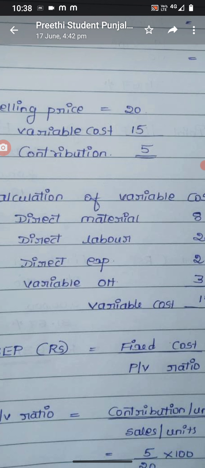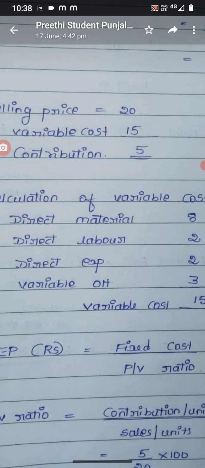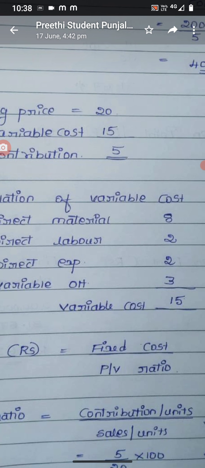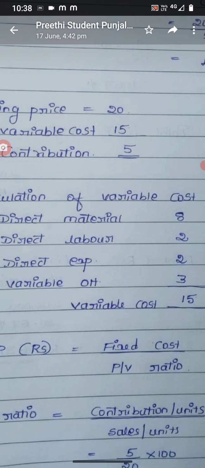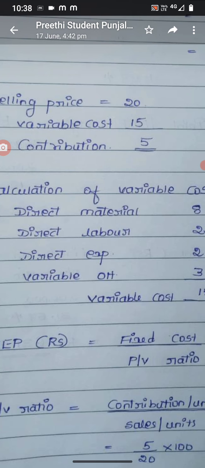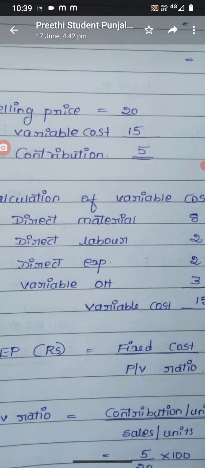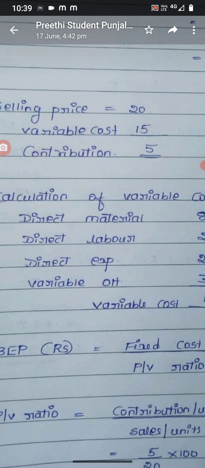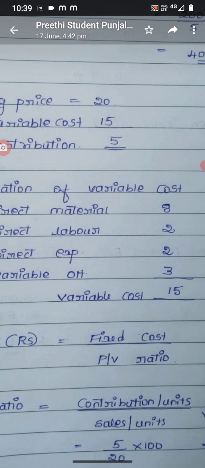All direct expenses are variable in nature. So we have to total all this, and that comes to 15 rupees. So 15 rupees is the variable cost. Selling price is 20, variable cost is 15, that means contribution is rupees 5.